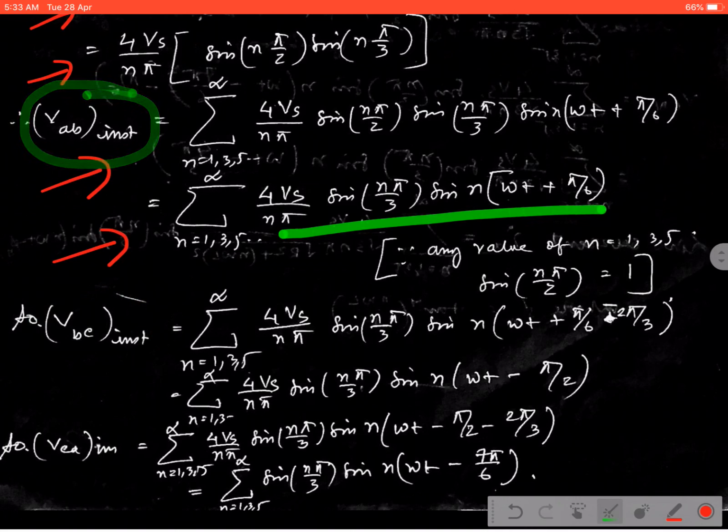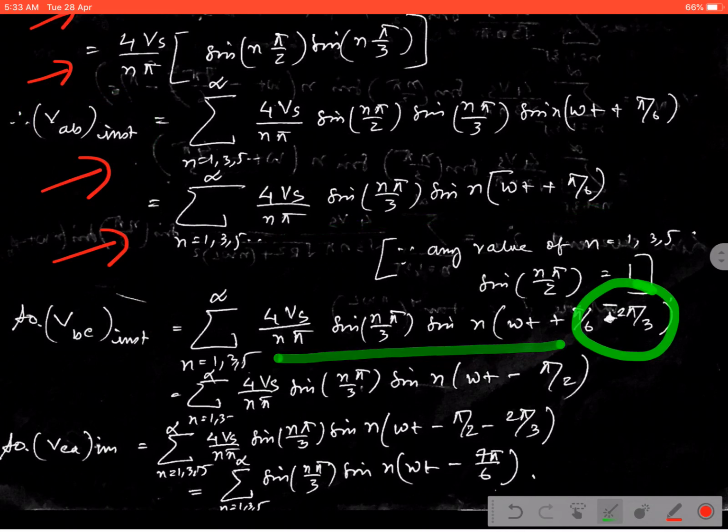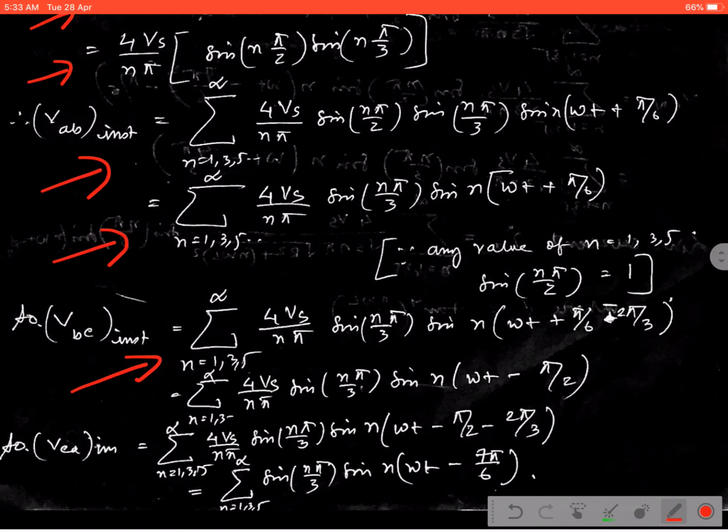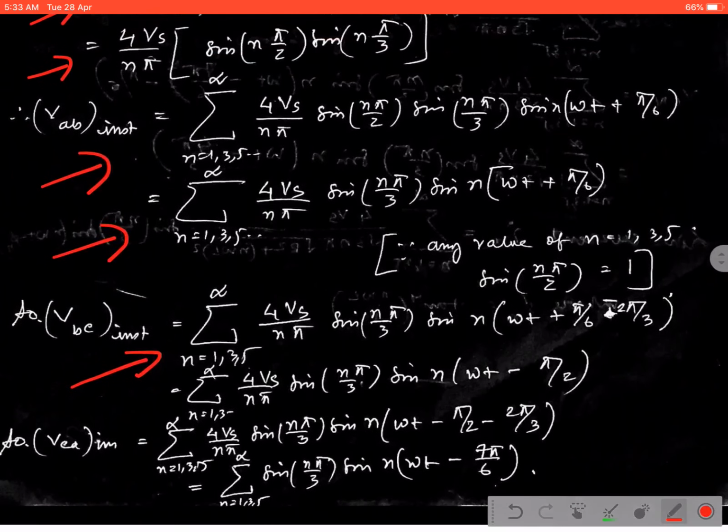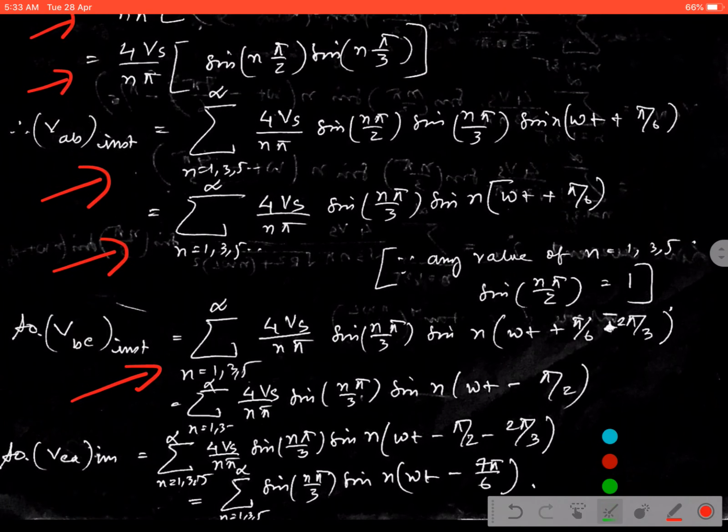That is why I have written this expression here, lagged by 120 degrees, and this is the expression for the line voltage VBC. For further simplification, pi by 6 minus 2 pi by 3 gives minus pi by 2. So this is the final expression.